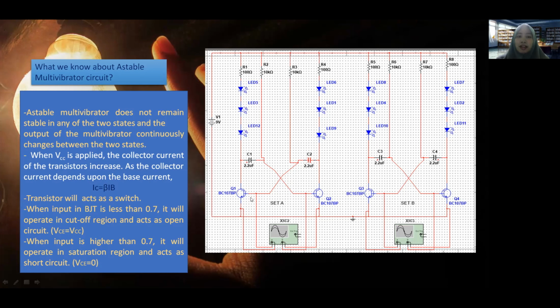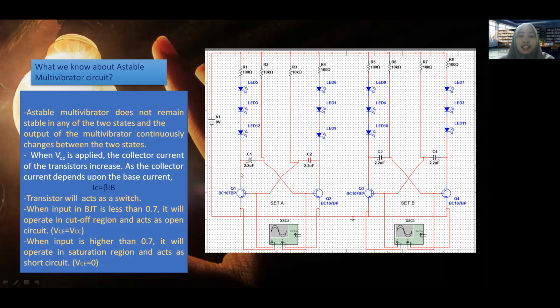First of all, we have two identical NPN transistors, but they have different doping levels. Therefore they have different time instants. We have VCC equal to 9 volt. We have 4 resistors, R1, R2, R3, and R4. R2 and R3 are used for biasing purposes. We have 2 capacitors, C1 and C2.